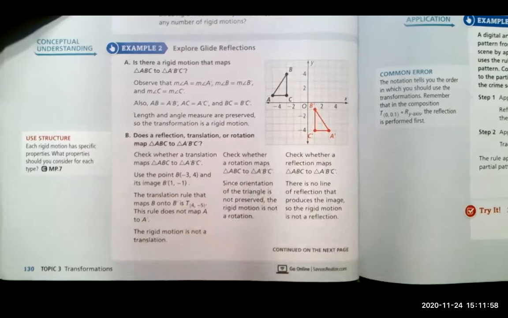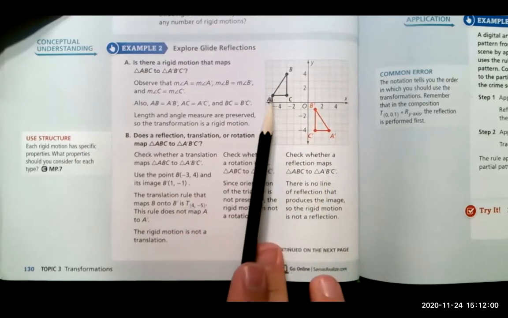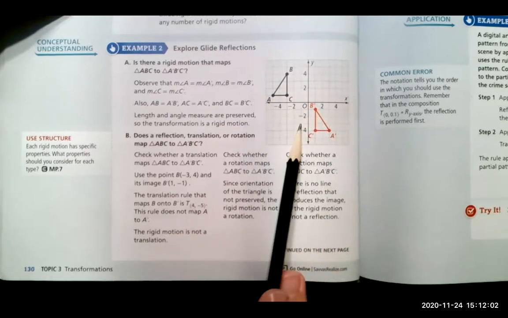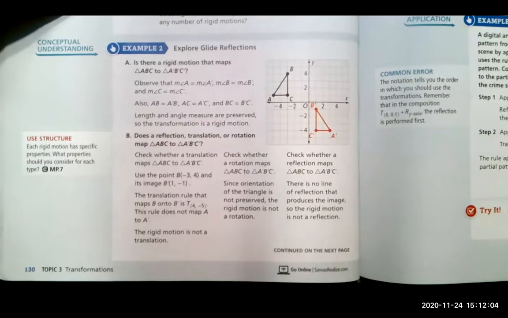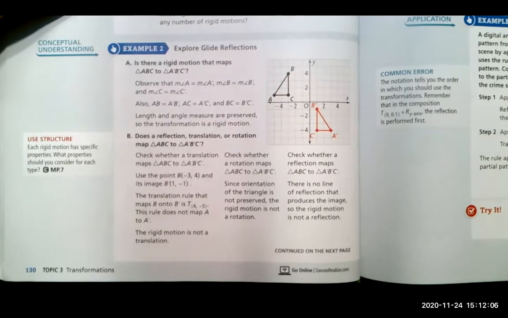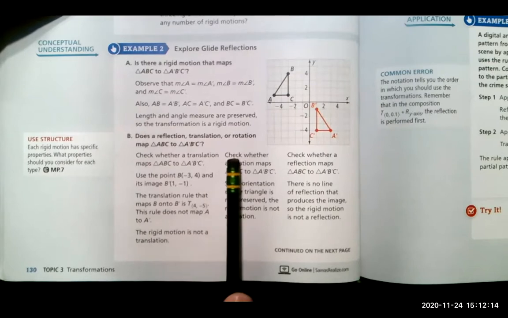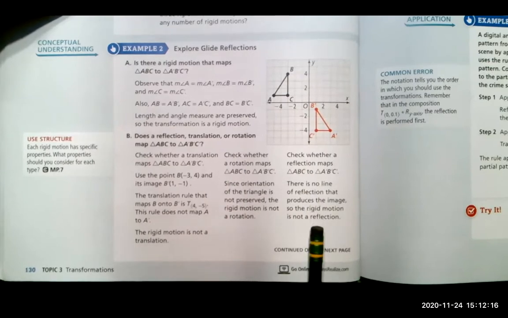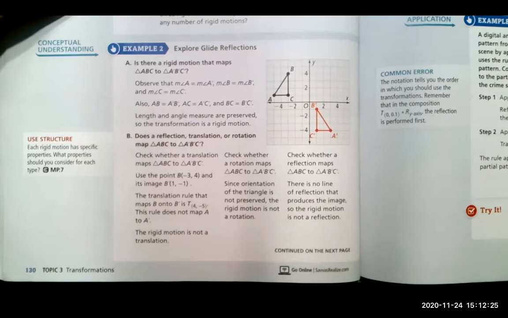Just by looking at it, I'm going to have to translate it left, right, up, and down, and then reflect it. So I'll have to do a composition of rigid motions. That's what they're emphasizing here. They're checking different things and saying it's not a translation, not a rotation, not a reflection. But if we can combine multiple transformations, we should be good. And I think that's what they're going to tell you in part C.